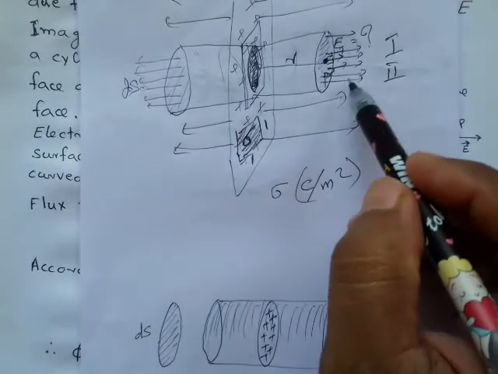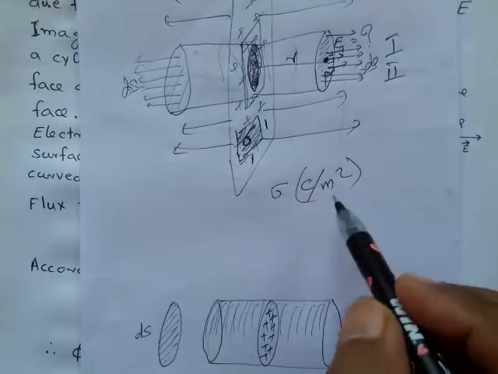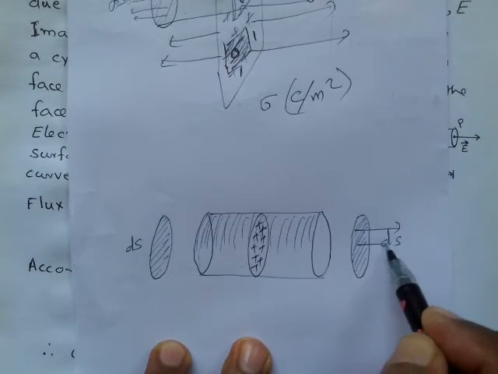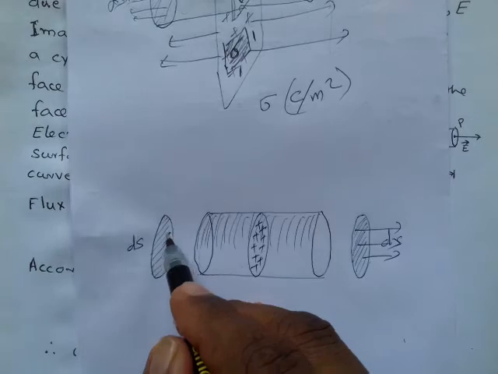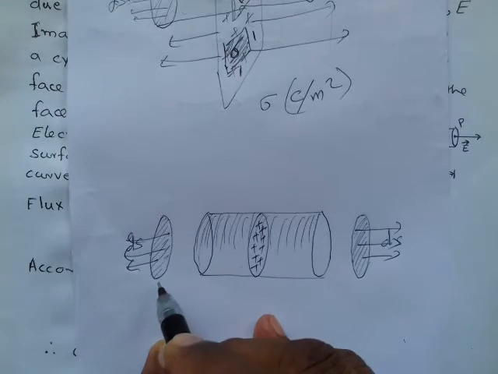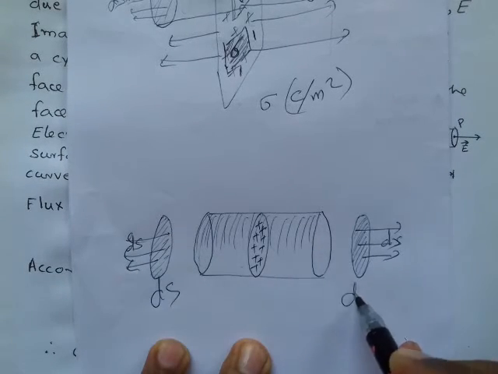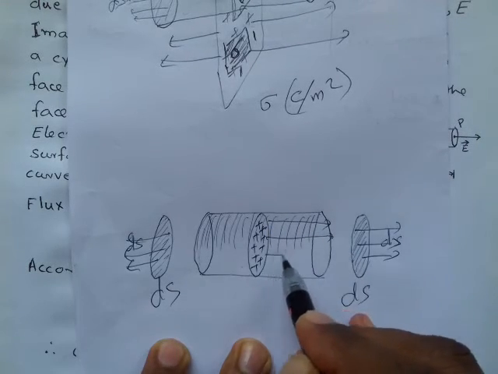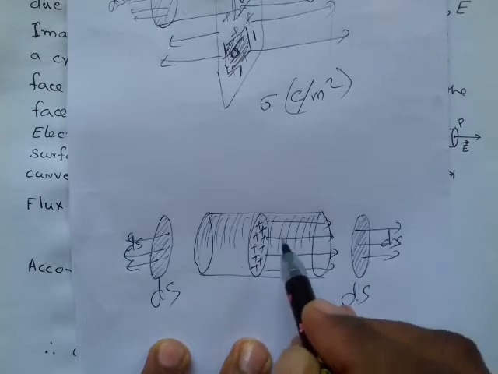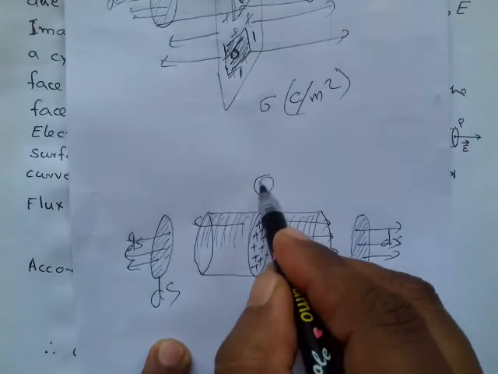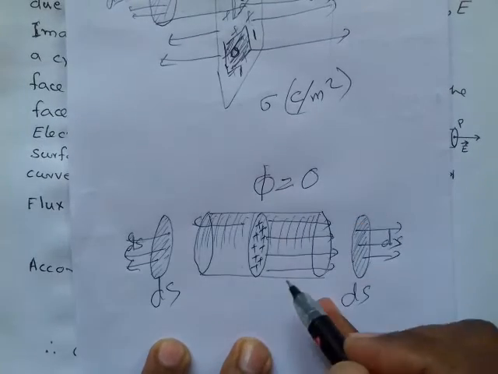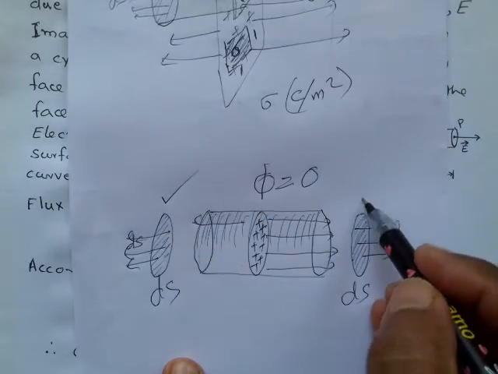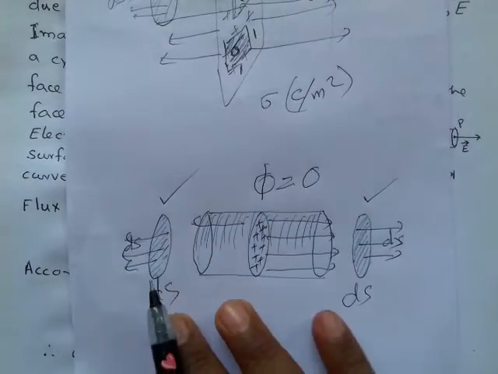So through this ds area there is flux, and you can see the same thing drawn here. Electric lines are coming out through this ds area and this ds area at the two ends, and here electric lines are passing along, not passing through, the curved surface. So we can say through the curved surface area there is zero flux. So we need to count the flux through these two end surface areas.